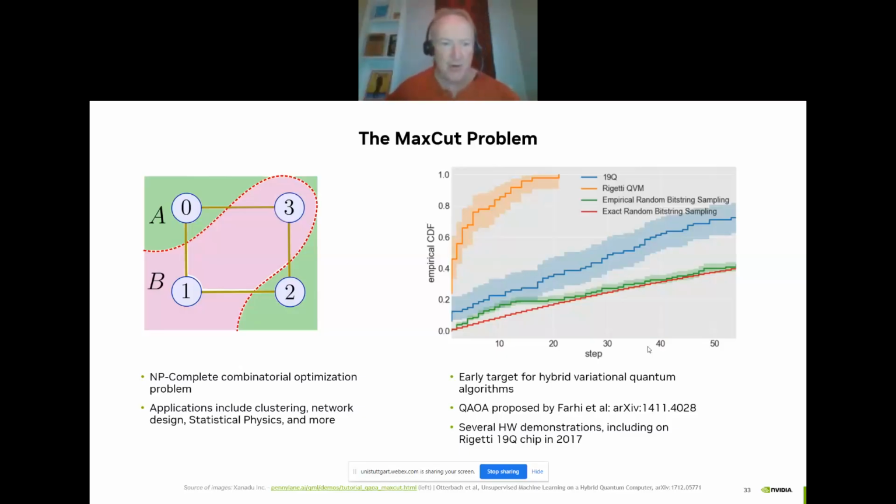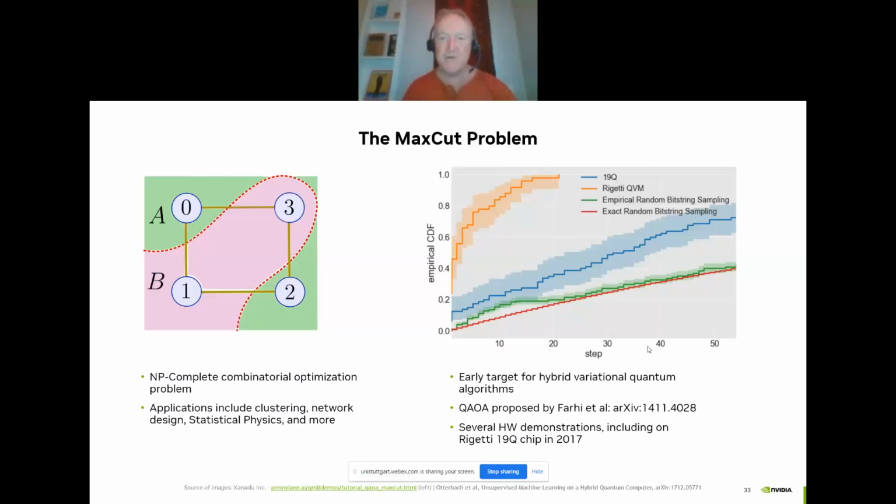So an arbitrary boundary that basically maximizes the number of edges that have one vertex in each of the inside and outside of that boundary. So it's a very computationally intense, NP-hard problem, a non-polynomial problem.